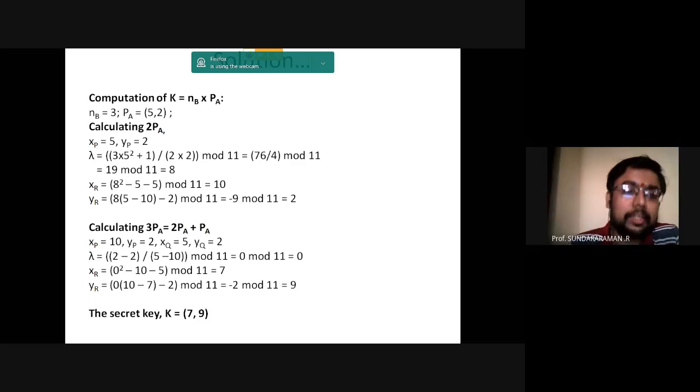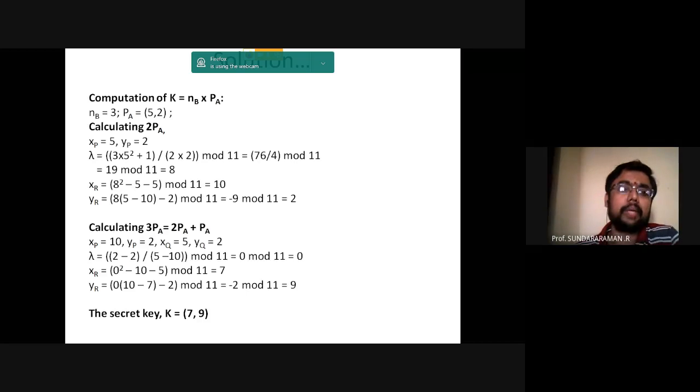And now subsequently compute XR. XR equal to 8 square minus 5 minus 5. That is 64 minus 10. That is equal to 54 mod 11. That results in a value 10.